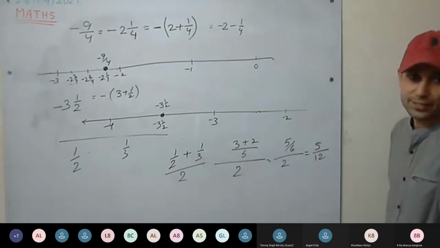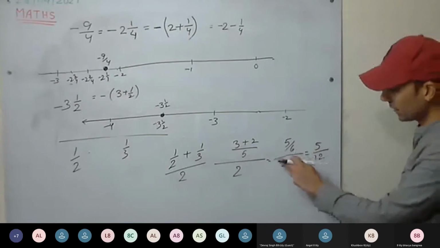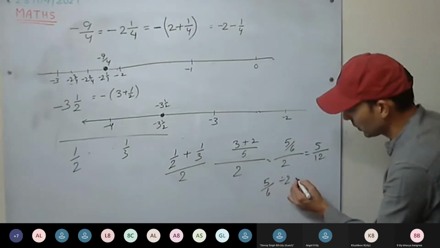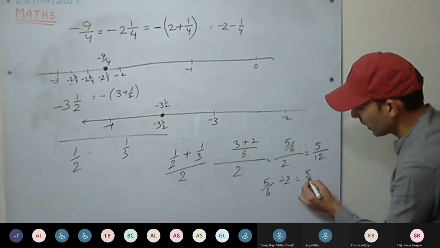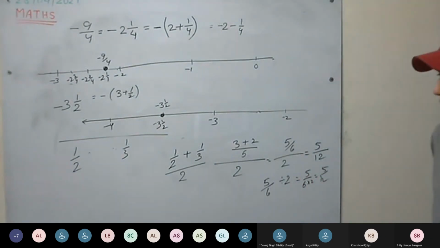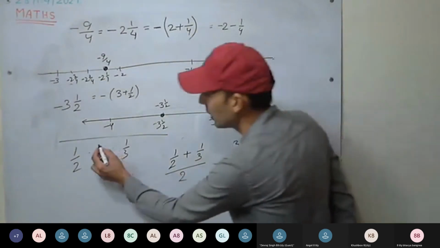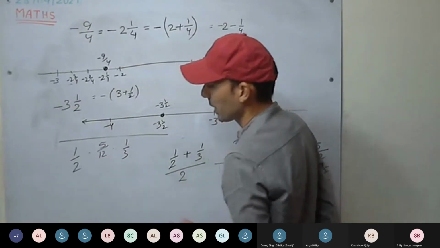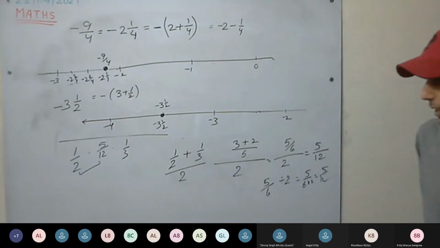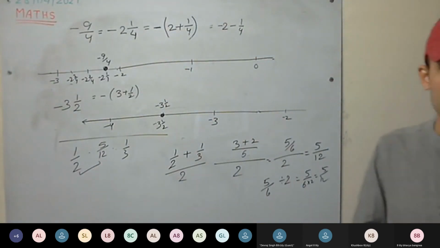So 5 by 6 divided by 2 is 5 by 12. Understood? So 5 by 12, we have inserted one number. Now if I need one more number inserted, take the mean of these two. This way we can do. Understood?